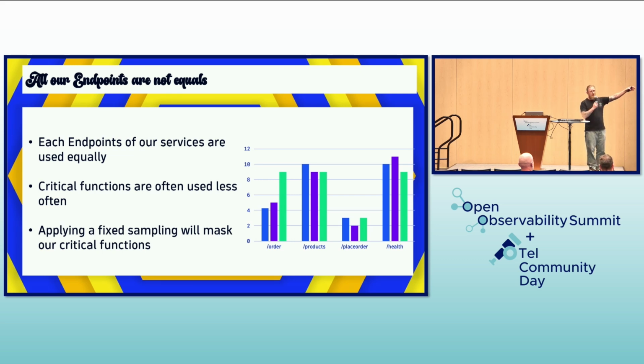You probably have a lot of get health, you're probably going to have a lot of get products, but my company is really focused on place order. See? If I apply a fixed ratio of 20%, then I will put 20% on everything, so I will have fewer spans on place order. So not considering the actual usage of critical functions could also be harming our statistics.